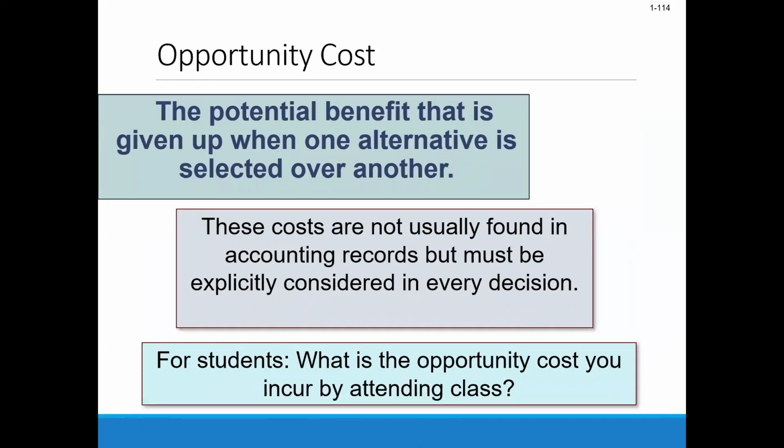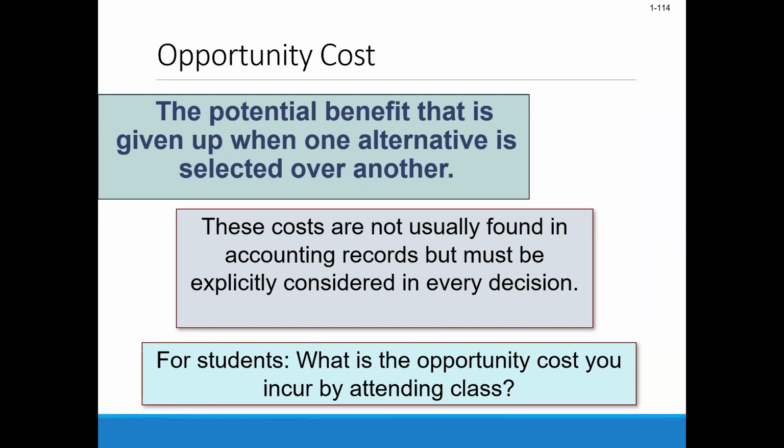Opportunity cost is the potential benefit that is given up when one alternative is selected over another. These costs are not usually found in accounting records, but need to be accounted for. Okay? So when someone is here going to school to get a new pathway or career, instead of working, you're choosing to be here.